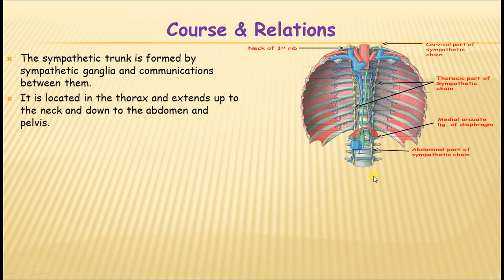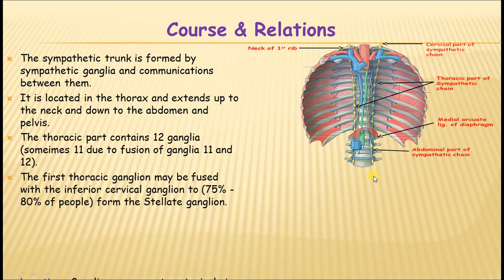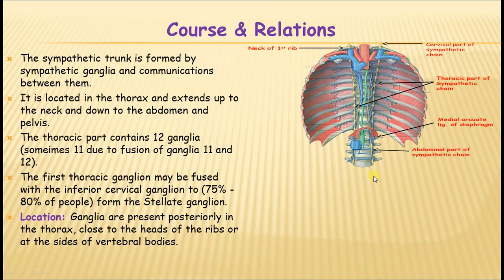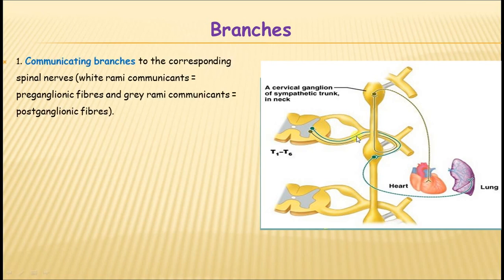Now each of the ganglia are present closely to the head of the ribs and at the sides of the vertebral bodies, which I already told you. Each of the sympathetic ganglia is connected to the corresponding spinal nerve by 2, called the gray and white rami communicantes.